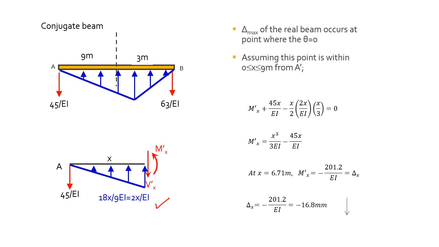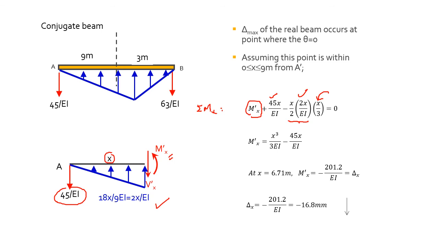So you get MX, plus the support here multiplied by X, so 45 over EI times X. Then you have the loading here, but it's in the opposite direction, clockwise, so minus the triangular load multiplied by the moment arm.